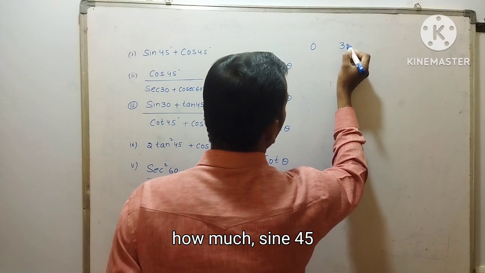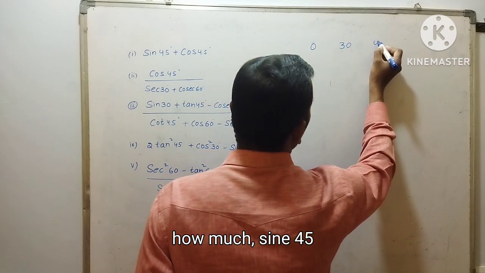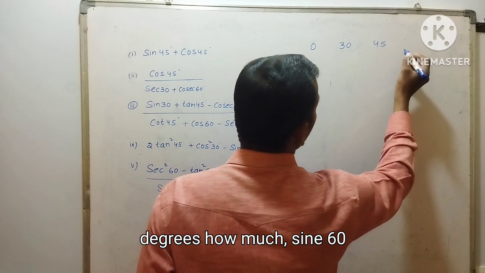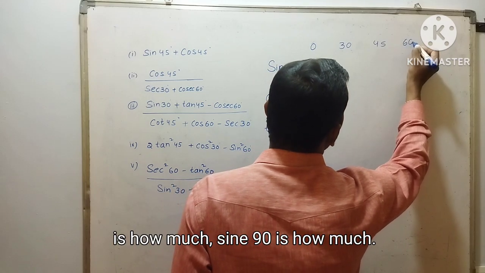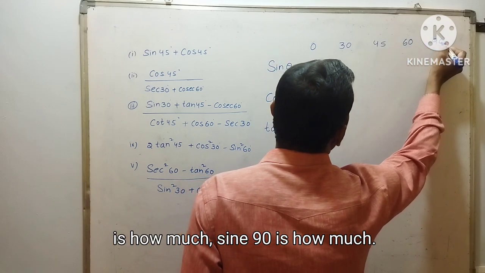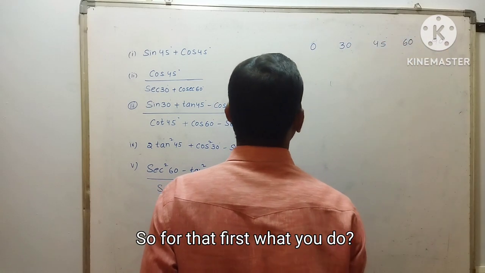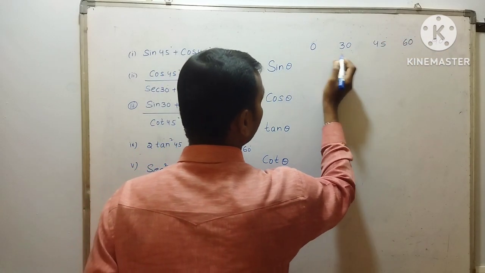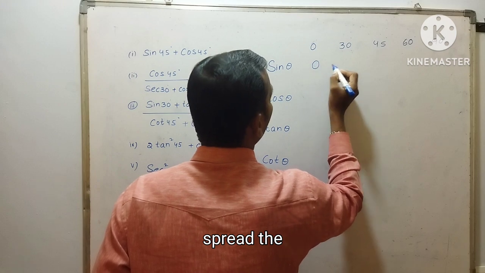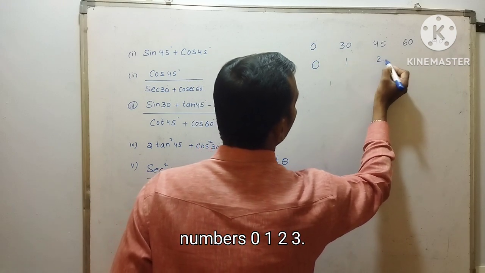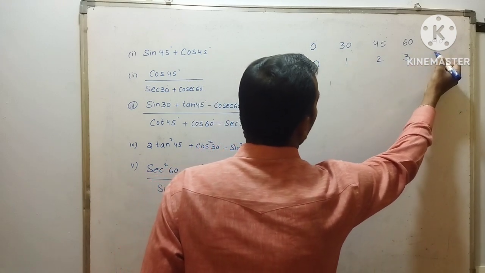Sine 30 is how much? Sine 45 degree is how much? Sine 60 is how much? Sine 90 is how much? So for that, first what you do? First write the numbers 0, 1, 2, 3, 4.